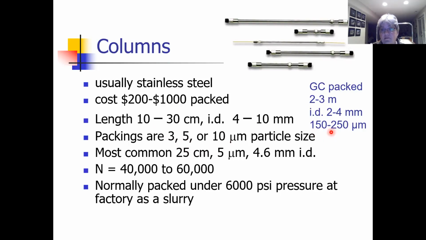And that's why we need this pressure. So this gives you the most common columns, but again, the length, the packing size, and the diameters can change. Typically, N is about 40 to 60,000 for these kinds of columns. Okay, and we'll come back and look at the stationary phase inside the column in a little bit.